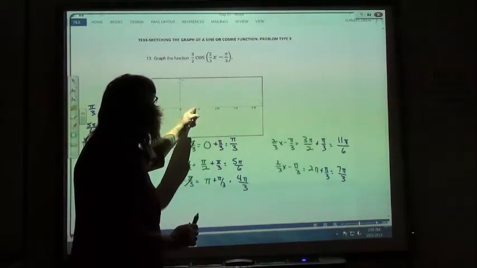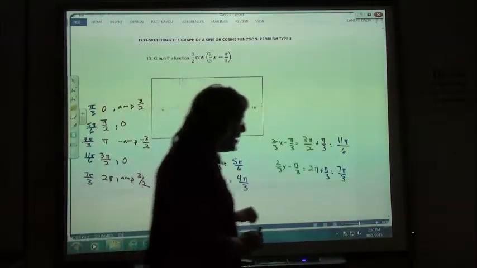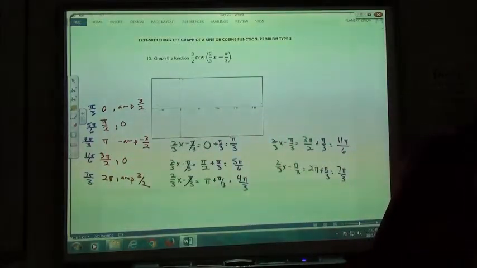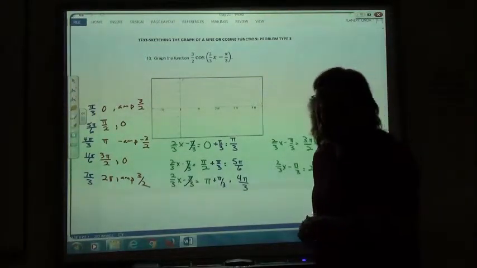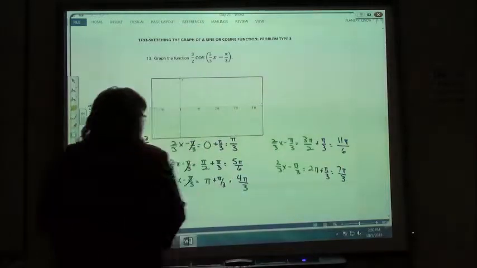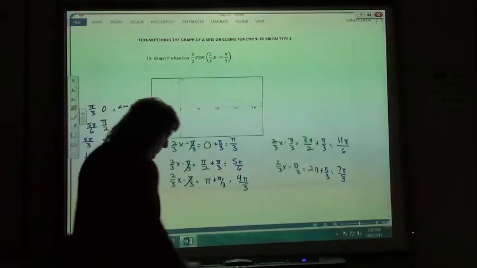1, 2, 3, 4. Did I not change that graph? Oh, I'm not done. That's not going to graph on there, but I haven't finished my problem yet.